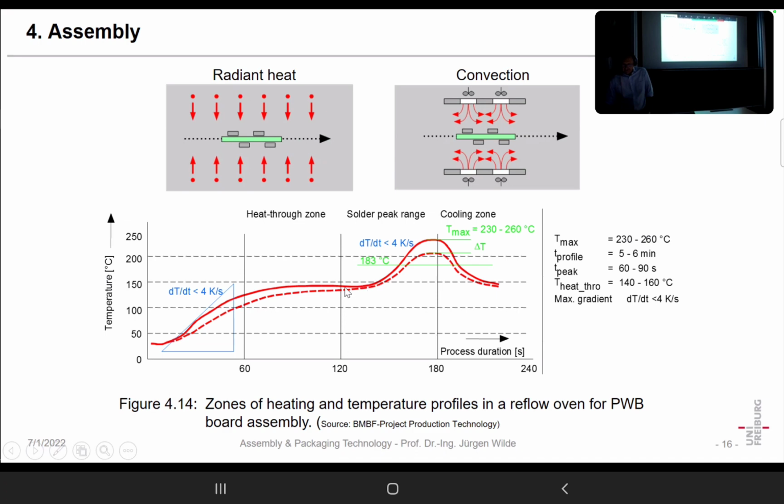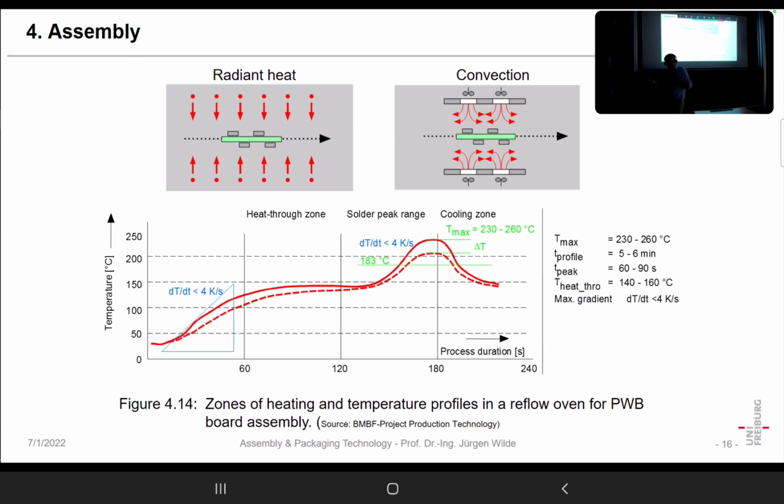After the board is soaked, and the soak time is, of course, longer when the devices are bigger, we heat up fast. And a little below the soldering temperature, the flux is activated.